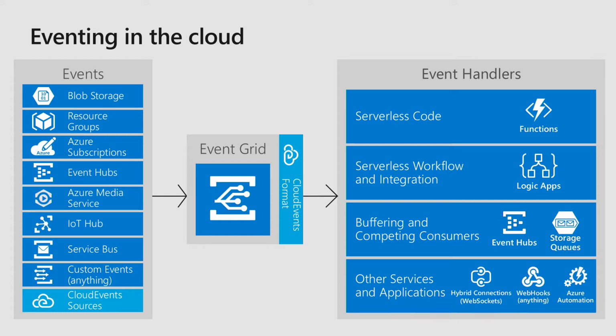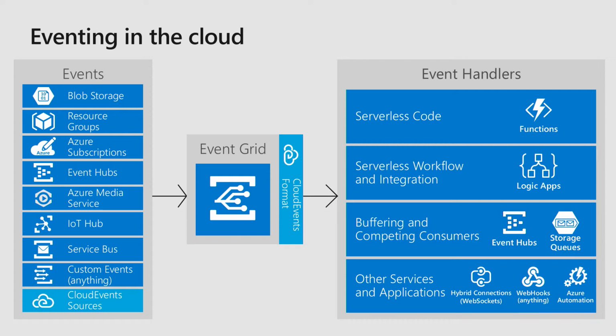I'm going to create a topic on it, and then any downstream process that wants to react to, say, a new image uploaded, I can create a subscription on that and fan out in real time the events that are occurring. Event Grid is built for really low latency and massive throughput to make your life as easy as possible. So that's a general overview.